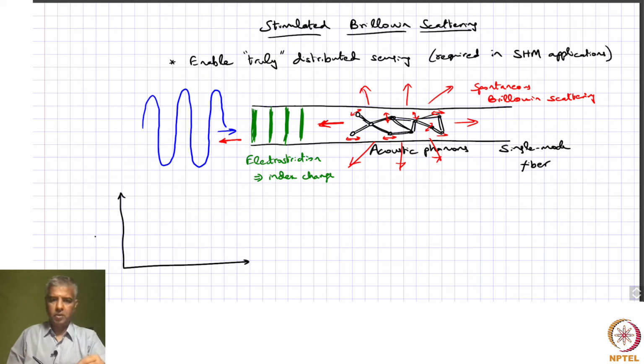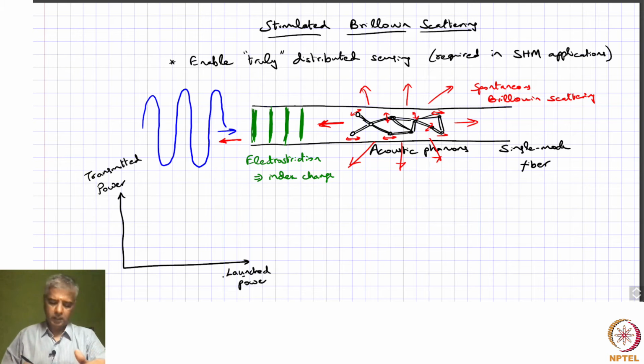When we look at power, let us say in communication you want to transmit a lot of power. So we look at the transmitted power as a function of the power that you launch in a fiber.